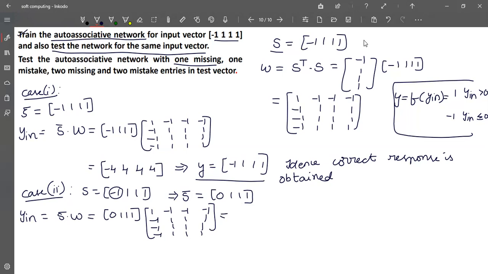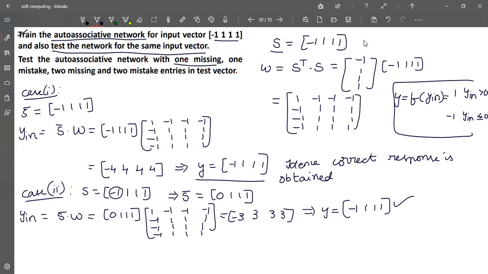Now let's simplify this. We will be getting -3 and 0, 3, 3, 3. If we apply the activation function, -3 is less than 0, so -1, and 3 is greater than 0, so 1. So this is also the correct response obtained.